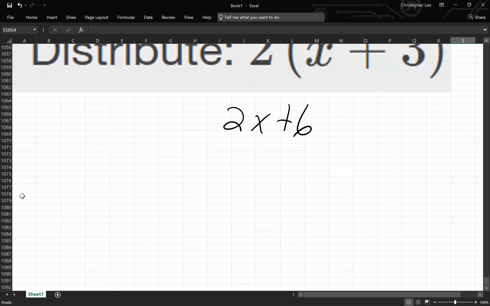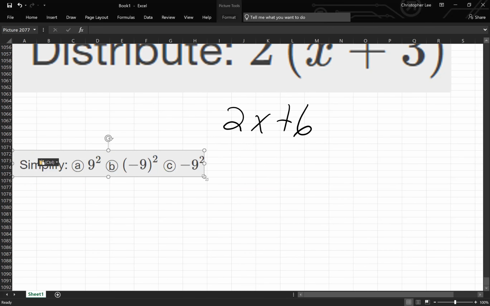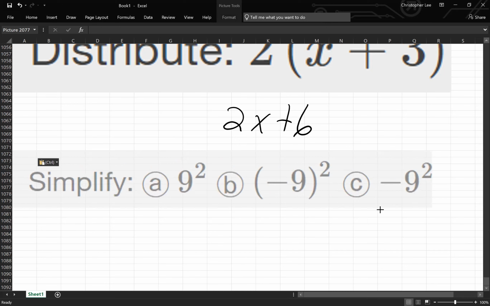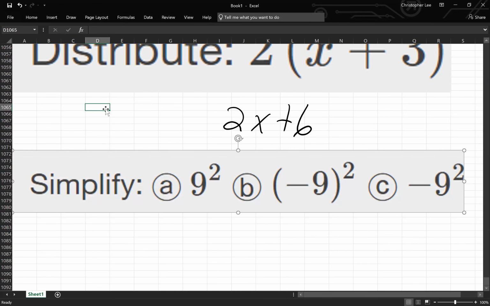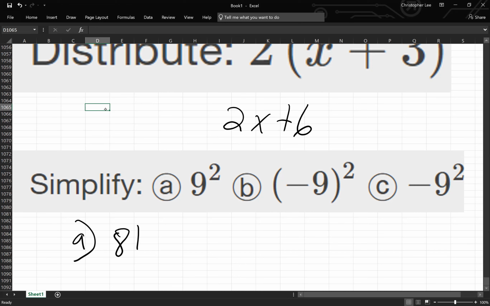Dang, this next one is hard. I ain't gonna lie. Help me out. What's A? 81, very good. What's B? 81. All right. What's C? Negative 81. Now we're talking.